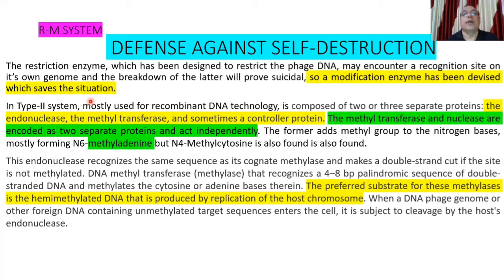Those nucleotide sequences, that is those recognition sites, may also be present in the bacterial genome too.